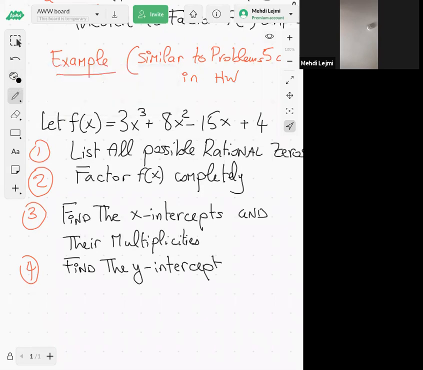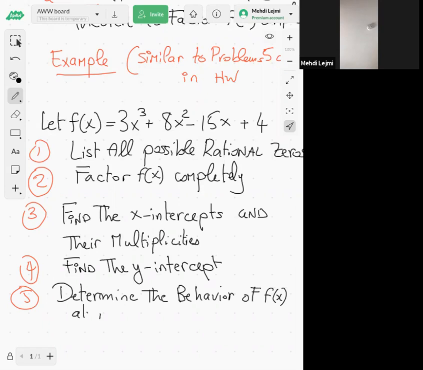Five, determine the behavior of f of x at infinity. And then 6, sketch the graph of f of x. So graph f of x. All right, let's start with number 1.